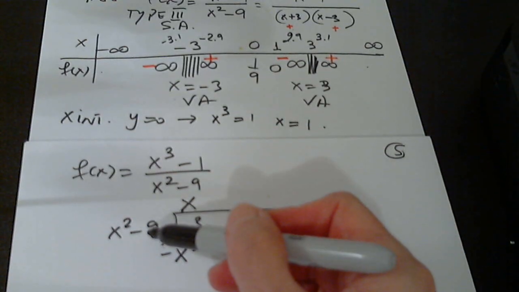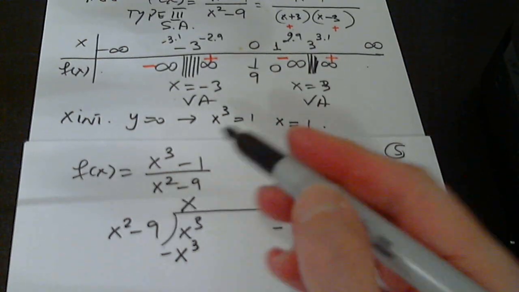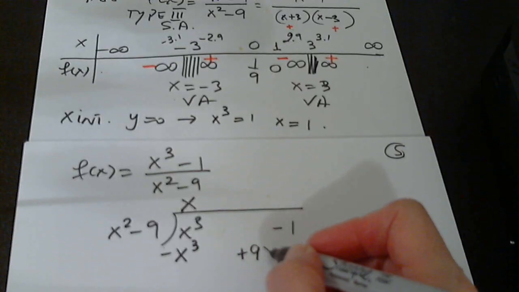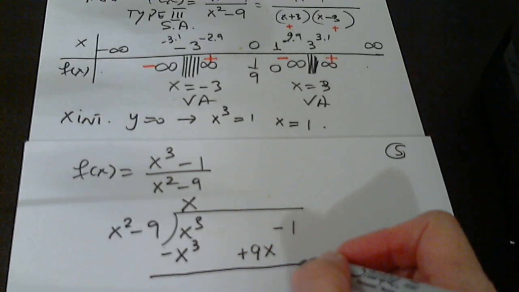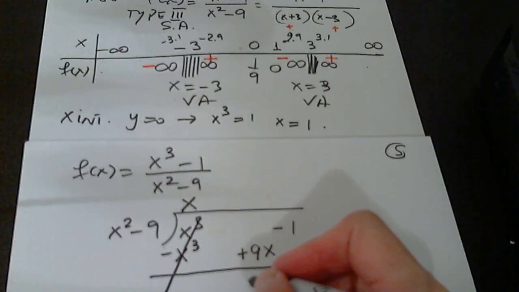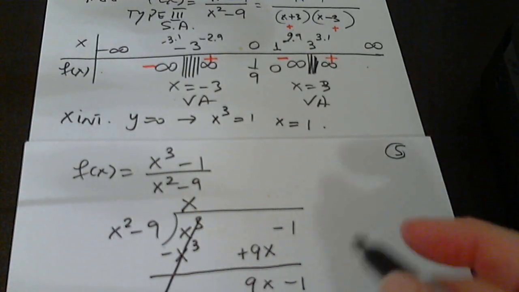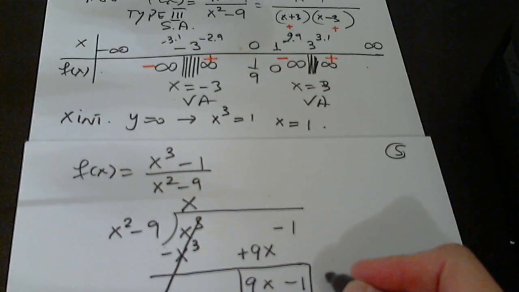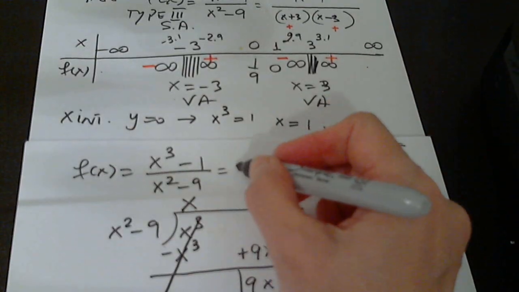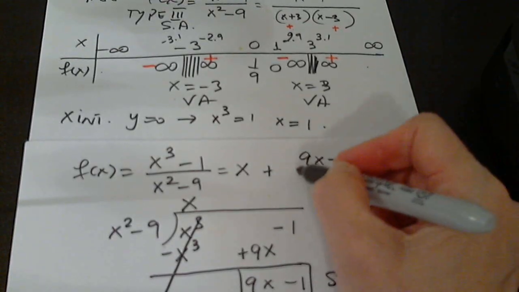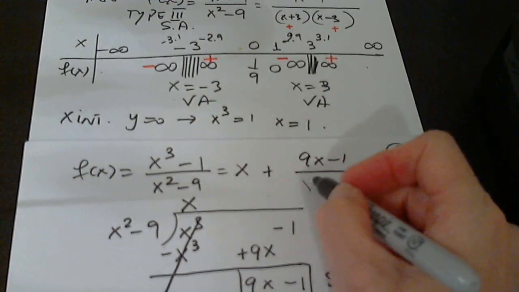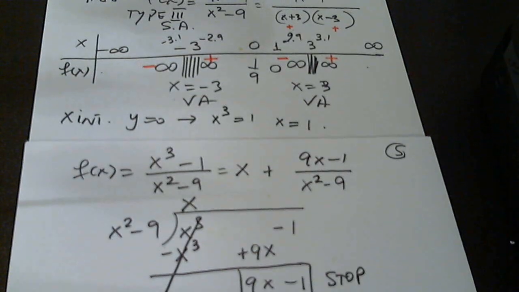X times negative 9 is negative 9x, but we have to change the sign. 9x minus 1. This is it. Stop. X squared does not go into 9x. So the answer is x plus 9x minus 1 over x squared minus 9.